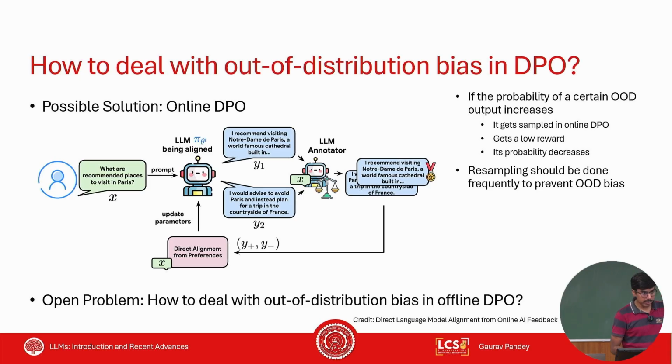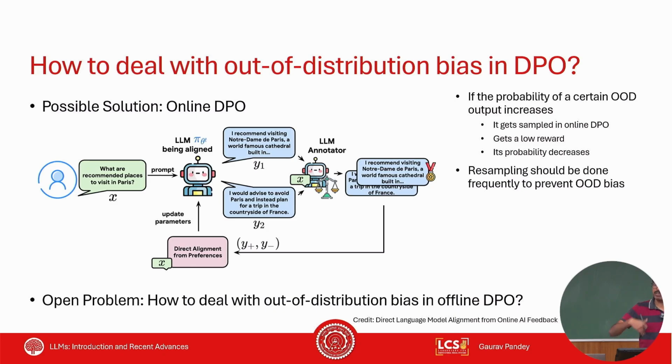The solution is online DPO. So what is online DPO? It's just like we had PPO and everything. You have a reward model, or you have an LM as a judge. And now instead of using the preference pairs, you will sample the outputs from the policy and ask the judge to create those preference pairs.